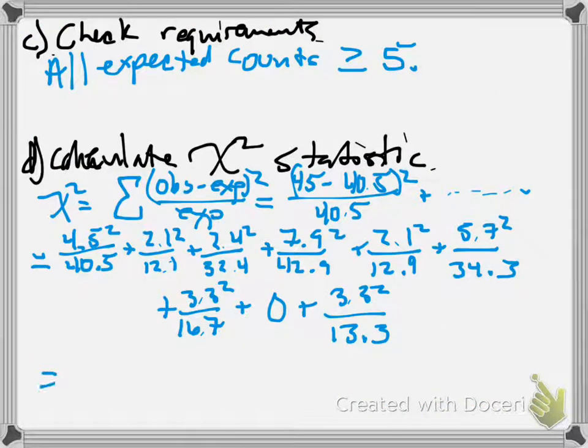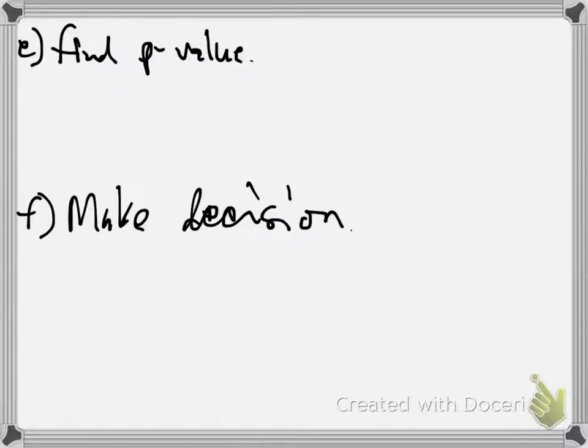So after adding all these together, I have a chi-squared statistic of about 5.308, or yours is probably going to be somewhere around there. Hopefully not far off. Okay, so what's the p-value?